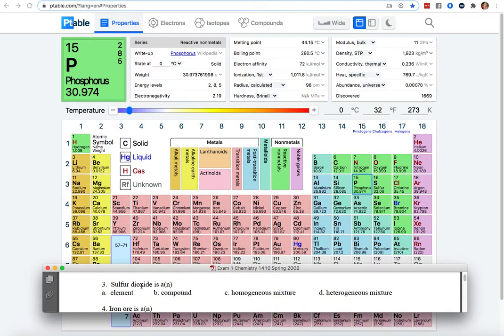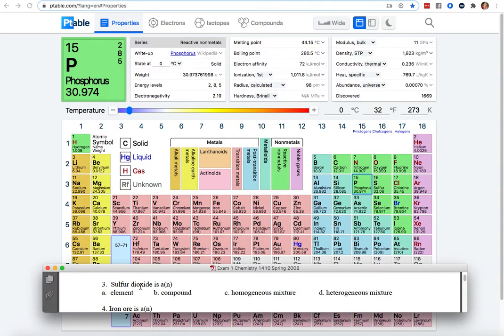Sulfur dioxide. Notice it doesn't say sulfur and oxide. So that makes it a compound made out of sulfur and oxygen. The names of compounds are always going to be made up of names of elements, other than a few exceptions, things like water.